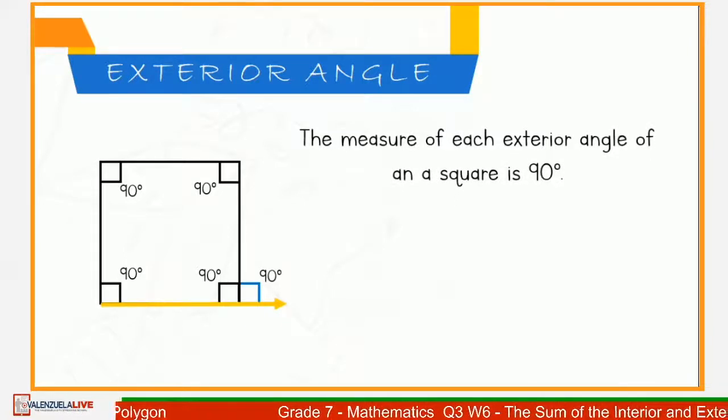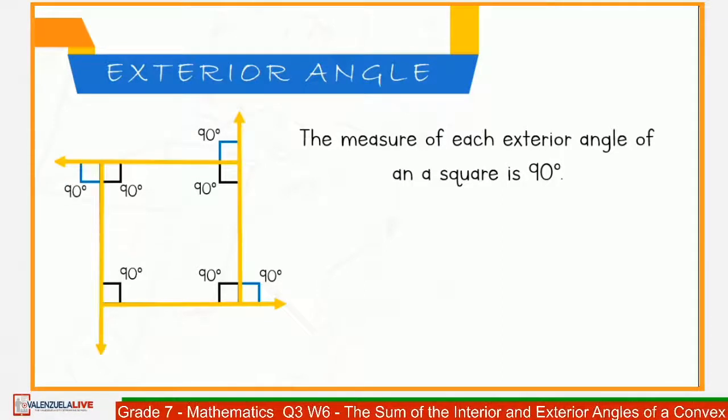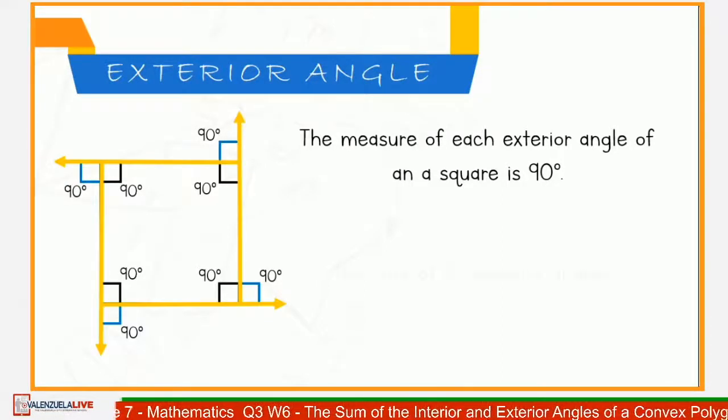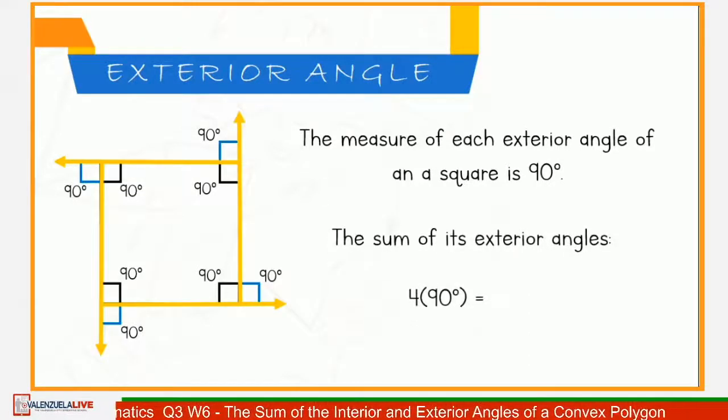So, to get the sum of the exterior angles, we will add 90 plus 90 plus 90 plus 90 degrees, or simply 4 times 90 degrees, which will be equal to 360 degrees.